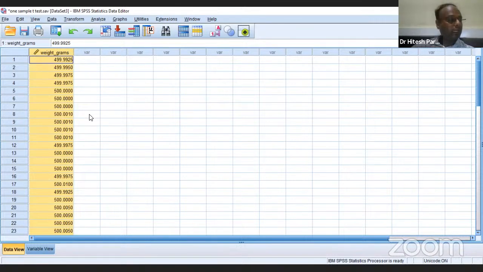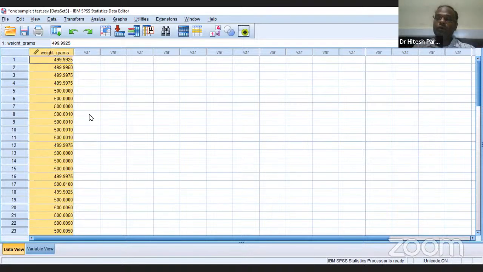For example, the data here shows weight underscore gram. There is a manufacturing process going on, and the weight of the product is supposed to be 500 gram. Now, what is the condition? The manufacturer is interested in what, on an average, is the weight being delivered to the customer. So some random samples were collected, their weights measured, and compared with 500.